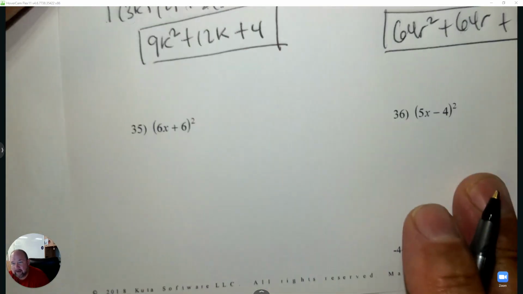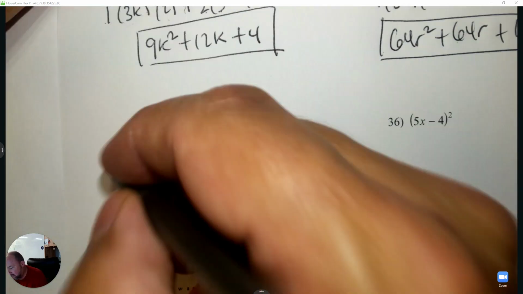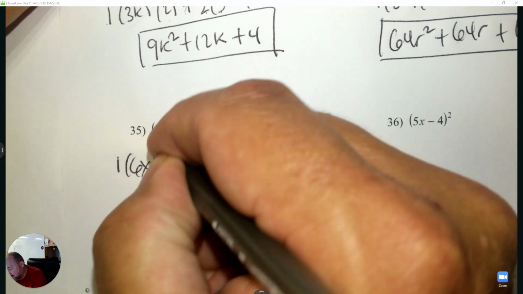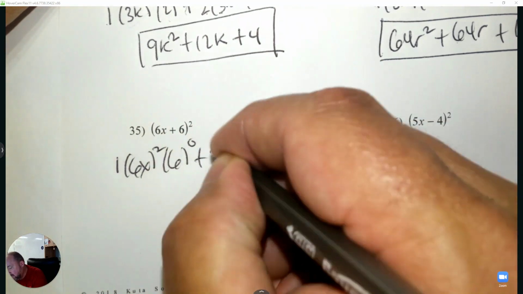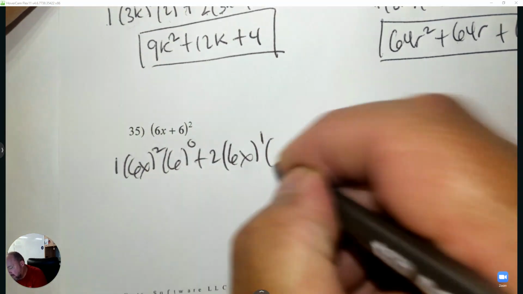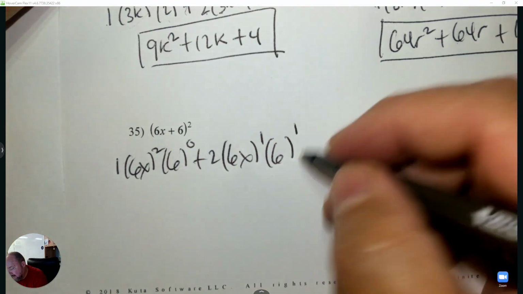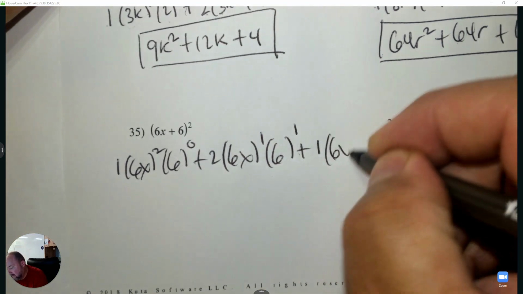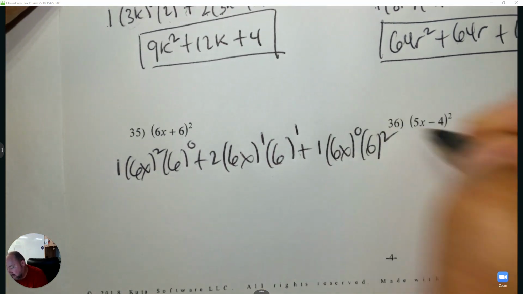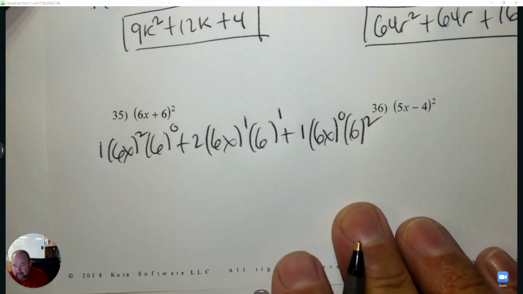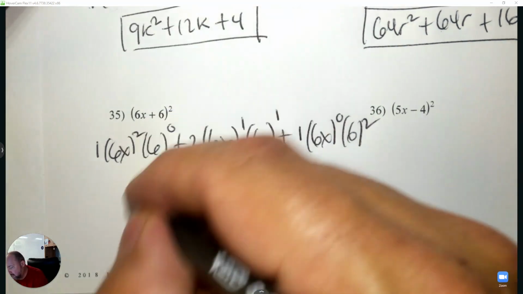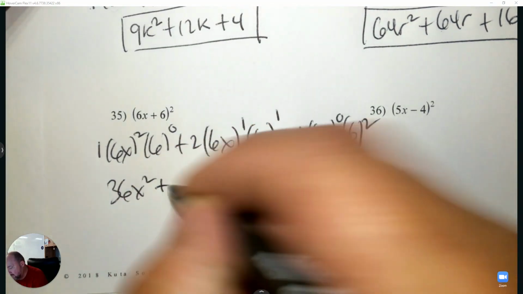All right, number 35, practicing the structure of Pascal's triangle. So we start with a 1, 6x squared, and then 6 to the 0, then 2, 6x to the 1, 6 to the 1, and then 1 again, 6x to the 0, and 6 to the 2. And see that structure and pattern, and then multiply it out. So this is going to be 36x squared.